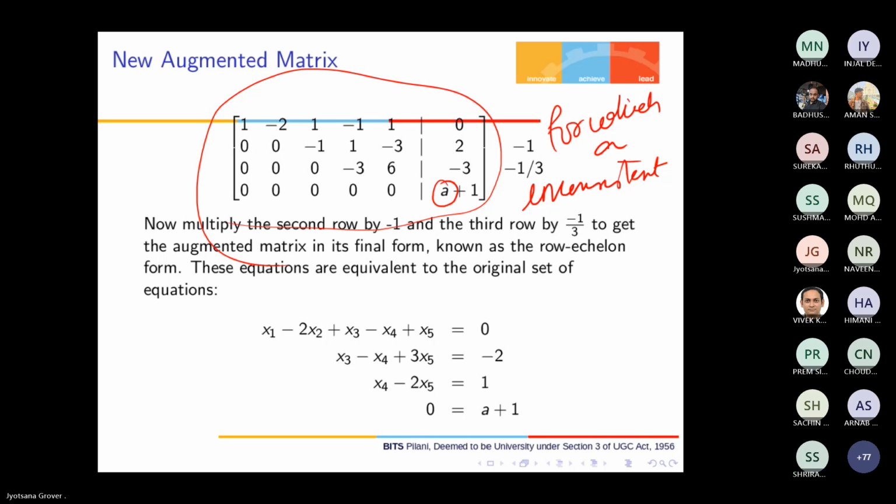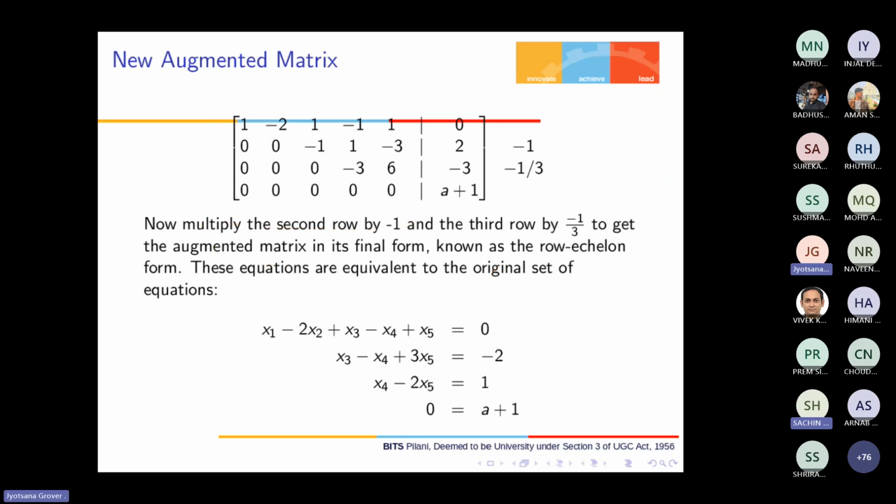A is equal to minus 1? Anything which is not equal to minus 1. Very good. You are saying if A is not equal to minus 1, then you'll have an inconsistent solution.